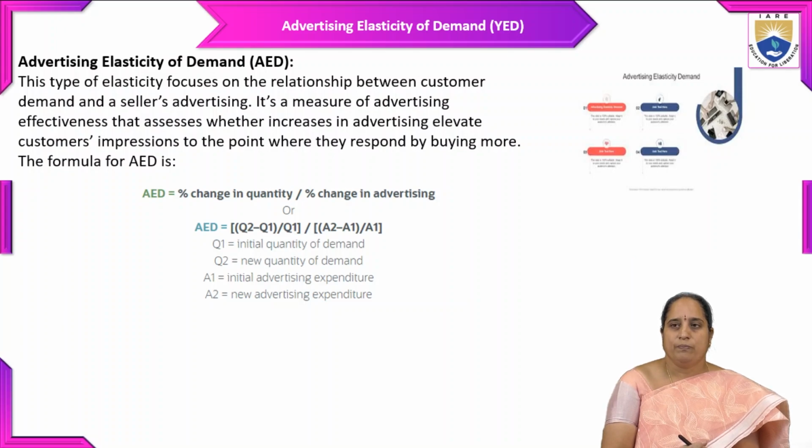Based on the advertisements, customers might be impressed with your product and service, and accordingly they will make purchases. The formula for AED is the percentage change in quantity divided by the percentage change in advertising.